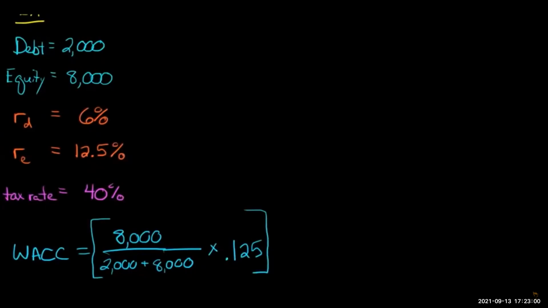Change colors, and now we have to add in the weighted average cost of this debt. We're going to do something very similar. Take the 2,000, which is the debt, but now we have to weight that, taking the proportion of it. So that's 2,000 over 2,000 plus 8,000.